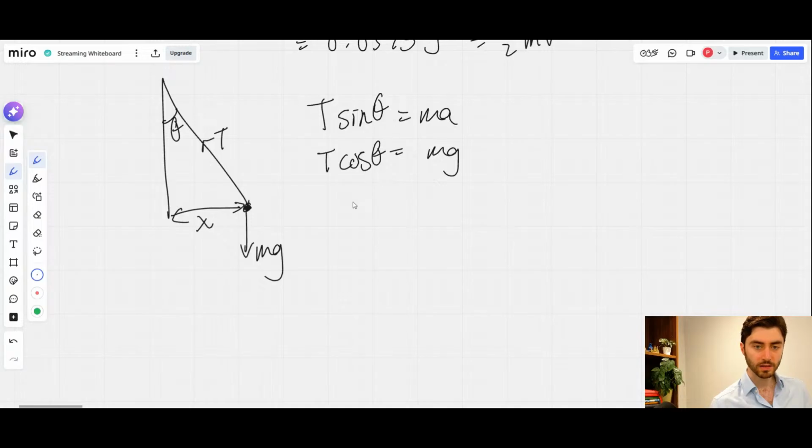We can divide these through and say that tan theta is equal to a over g. So g tan theta is equal to the acceleration.